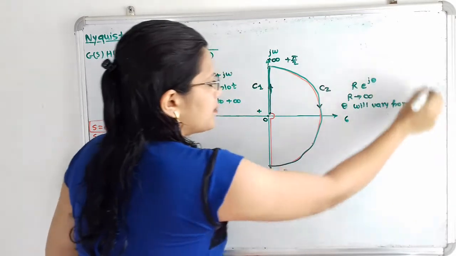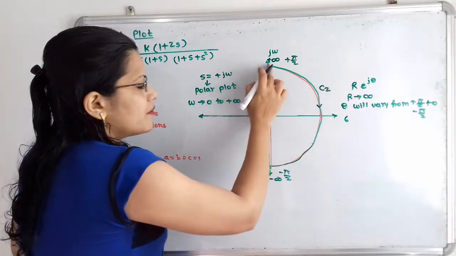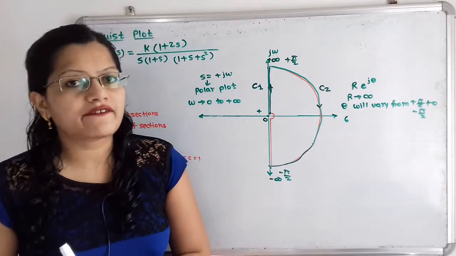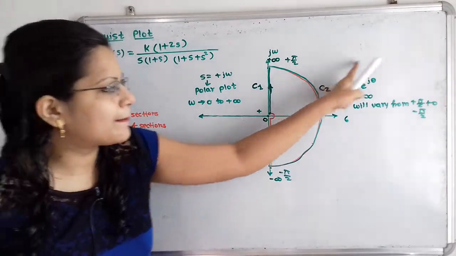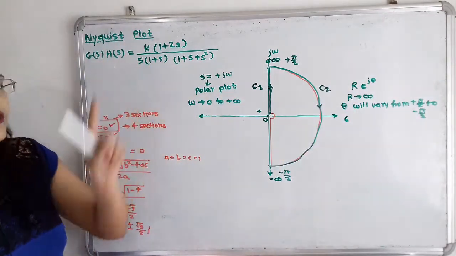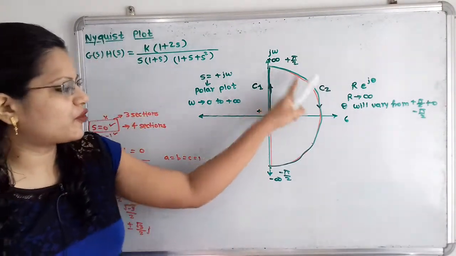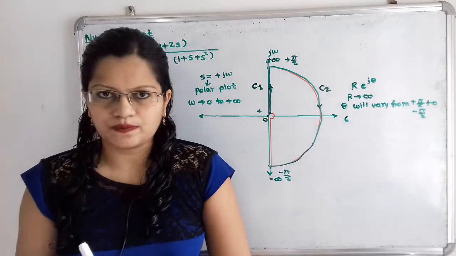So this is all the information for this section C2. To draw the Nyquist contour, we have to apply this information to the transfer function, and we will find out the shape for this section C2.